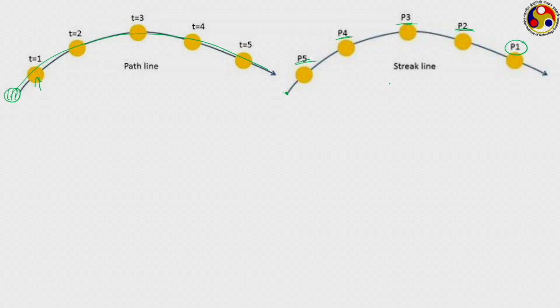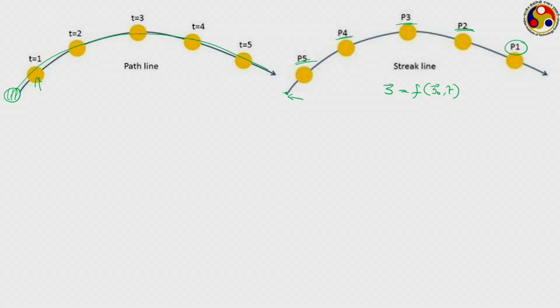However, for a streak line, we probably can write the equation of the line as something like this, where S is the equation for this streak line. S naught refers to the fixed point. If this is the point with respect to which you are drawing the streak line, then S naught refers to the location of that particular point, and T is the time at which we are drawing this streak line, because this time T will decide how many particles we have to consider.